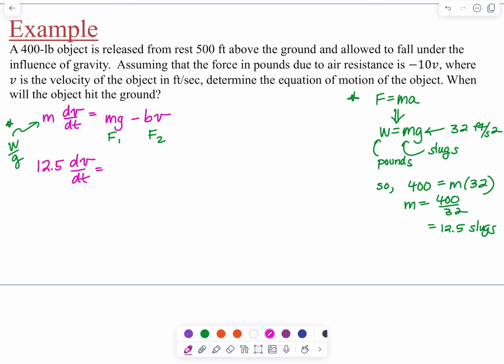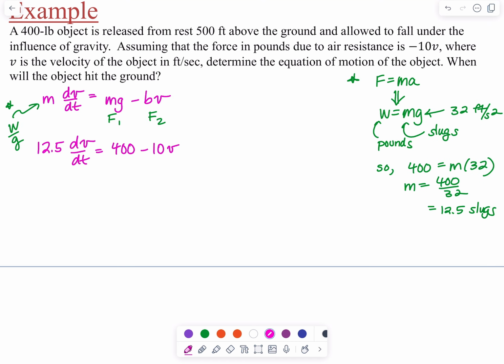And now let's look at our two forces. Our mg was equal to 400, and then we are given our second force, which is our air resistance, as negative 10V.